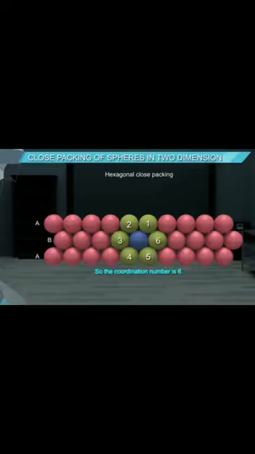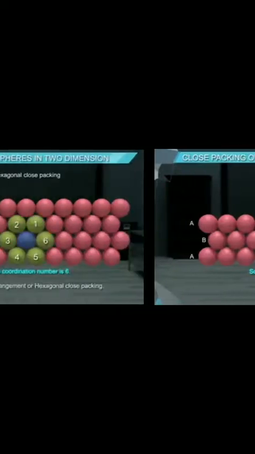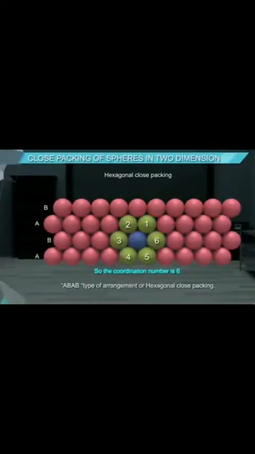Therefore it is known as hexagonal close packing. So just as I said now, that here the first row will have the alignment with the third row and the second row will have the alignment with the fourth row. So it is known as AB type of arrangement, or the hexagonal close packing, having the coordination number 6.